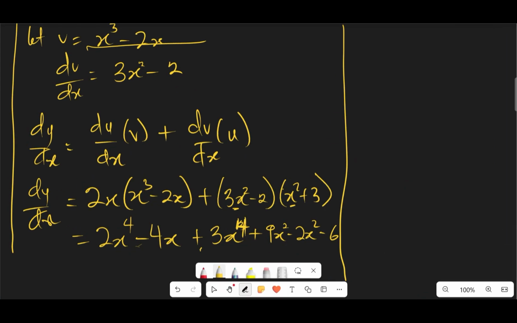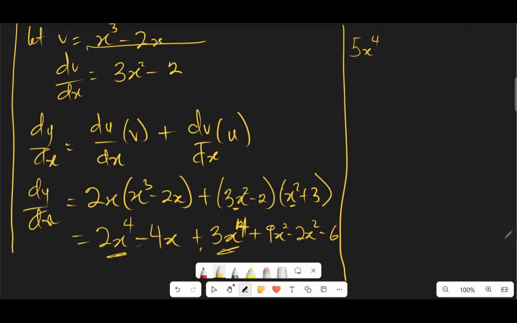So that's the breakdown. Now from there, we will see the like terms and work with them very fast. We can see that there is 2x to the power 4 here and 3x to the power 4. So we are going to get 5x to the power 4.